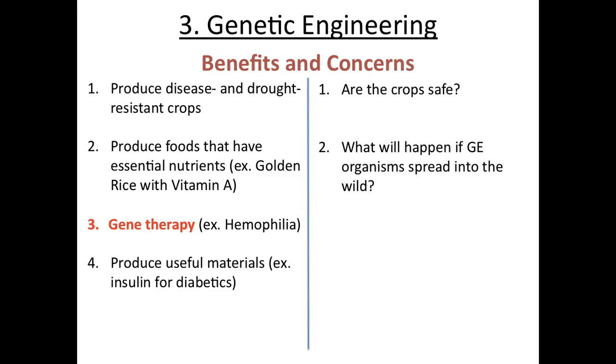What will happen if genetically engineered organisms spread into the wild? This is a huge concern. If there is a strain of corn, for example, that's genetically engineered, that's really, really resistant to, say, disease and drought, and what if it escapes the fields where it's planted, goes into the wild, and then ends up displacing all of the wild corn or other wild plants that would have otherwise filled that niche in the environment?